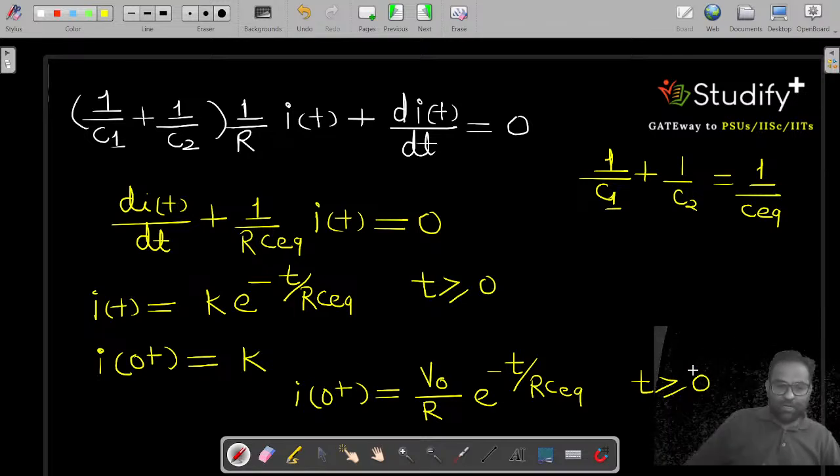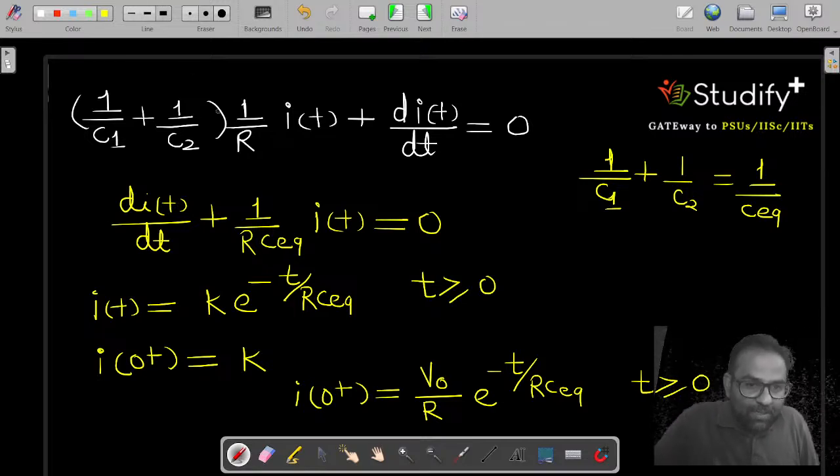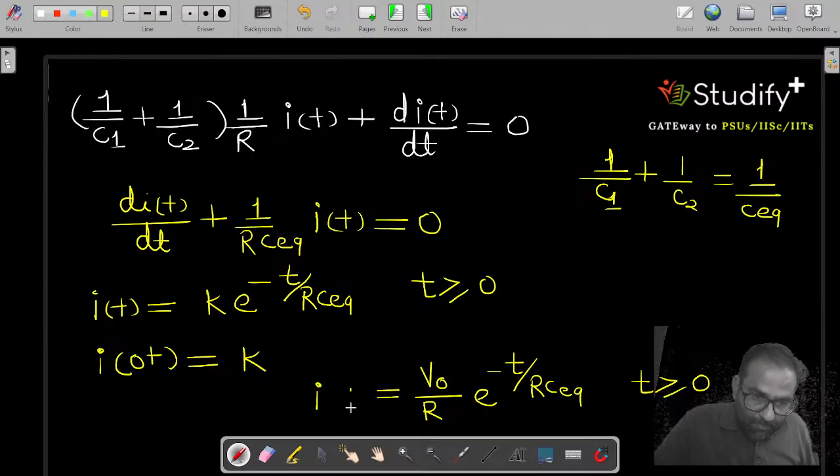This is a very important thing. And this is not I naught plus, this is the value of general current, the current you are having from the circuit. This is the value of I(t).